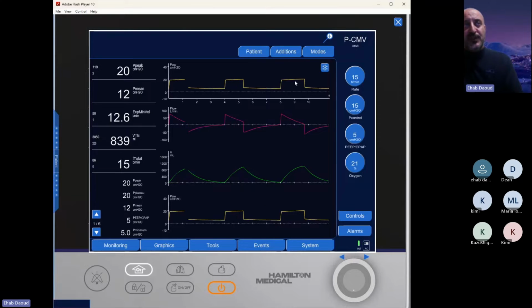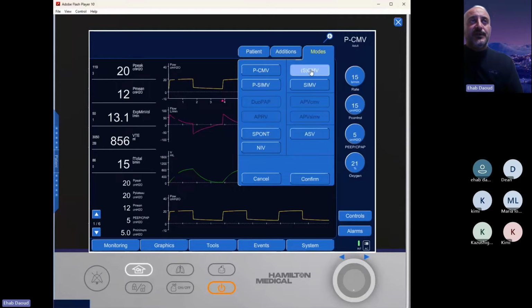So whatever I'm having here is the plateau pressure. So we're having a tidal volume of about 850. So our respiratory compliance is 850 over 20 minus PEEP of 5. So 800 divided by 15 comes to about 55 or something.